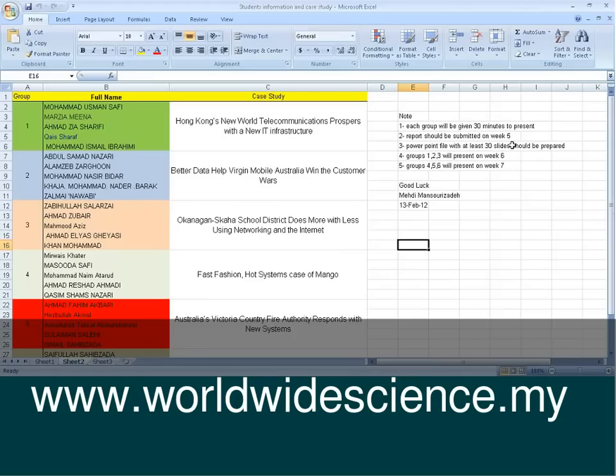For the presentation day, you need a PowerPoint file with at least 30 slides, since each group is given 30 minutes to present. Please be considered: groups 1, 2, and 3 will present on week 6, and groups 4, 5, and 6 will present on week 7.